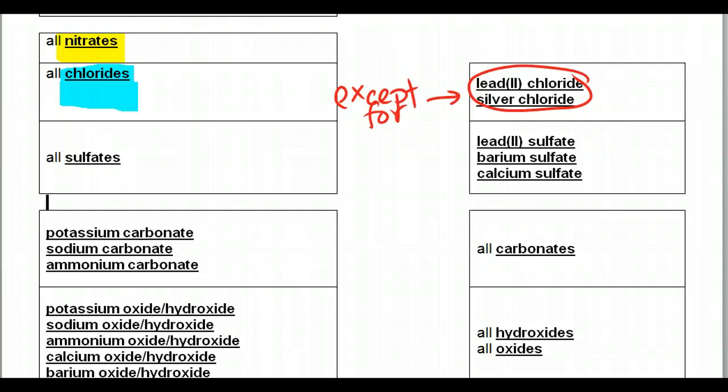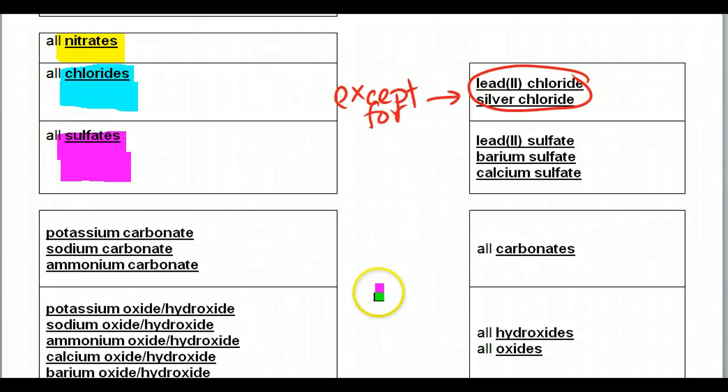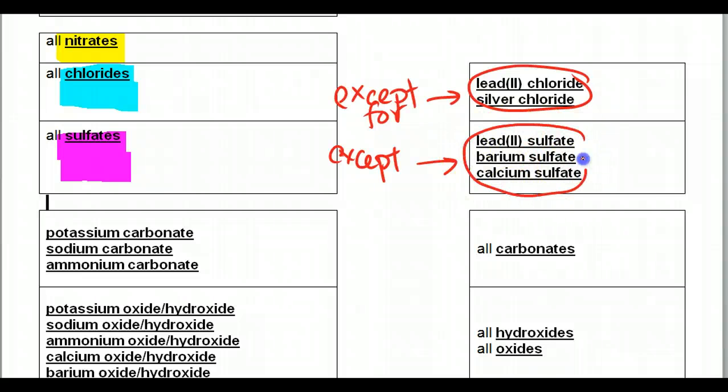Next up, we have our sulfates. All sulfates are soluble, except, once again, you can see the word except, for 3 of them: lead 2 sulfate, barium sulfate, and calcium sulfate. These 3 sulfates are considered insoluble.